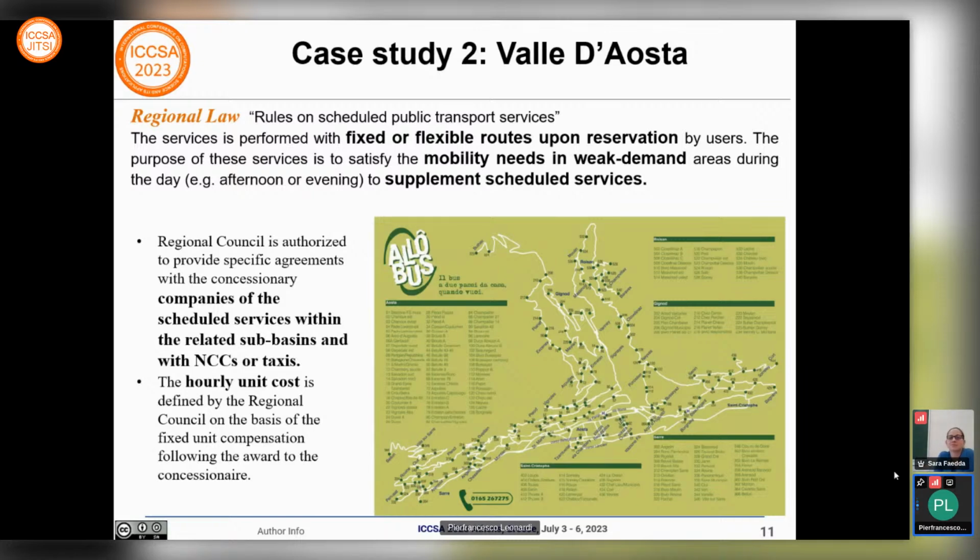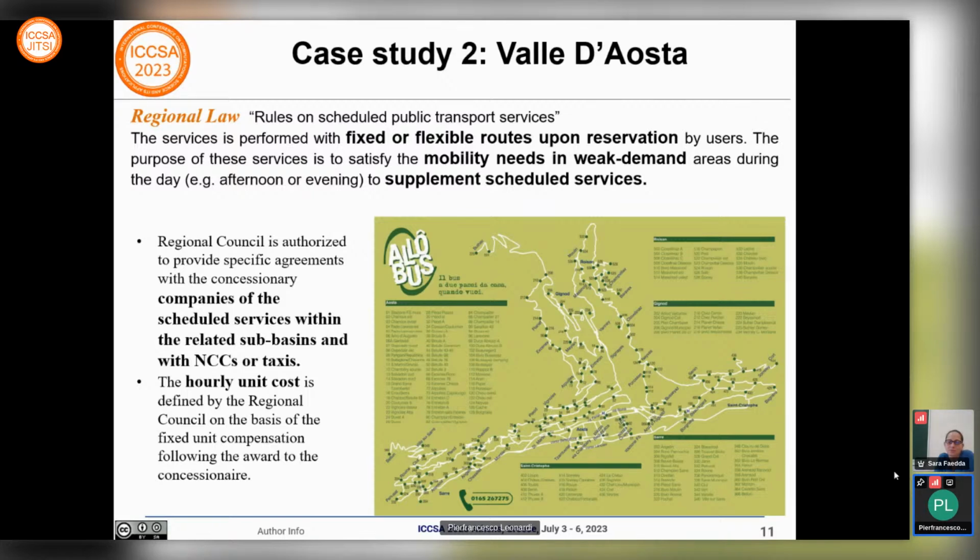The law defines the cost of the service on the basis of a kilometer or hourly fee. The Regional Council establishes the criteria for the performance of services and defines the possible contribution of the region. The rates are those of the scheduled service, but remodulated on the basis of the characteristics of the service, for example, the frequency.